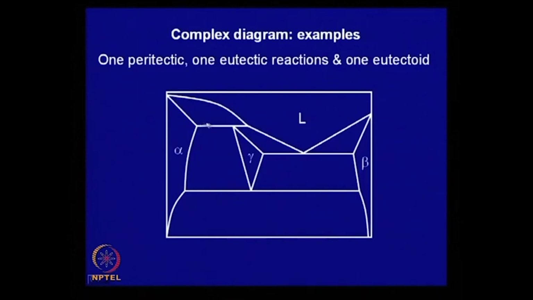So, this is one peritectic. You have one eutectic, liquid dissociating into gamma and beta, and this is a eutectoid reaction, gamma dissociating into a mixture of alpha and beta. Now, when we look up some of the real systems, you will see that in some cases you have diagrams very similar to this kind.